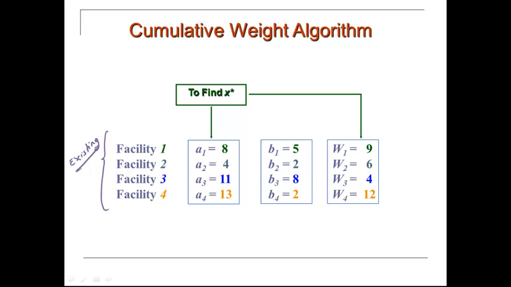Okay, so to find the coordinate for the new facility in terms of x, we're going to use the a values and the weights. And to find the values in terms of y, or the coordinate for y, you're going to look at the b values and the weights.